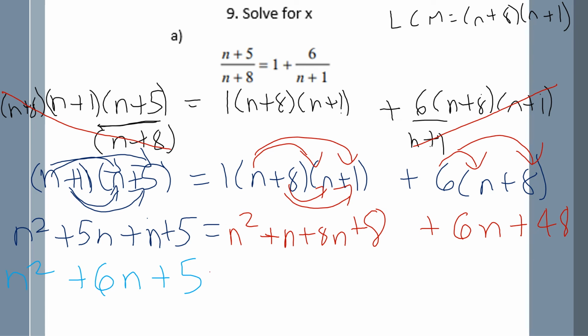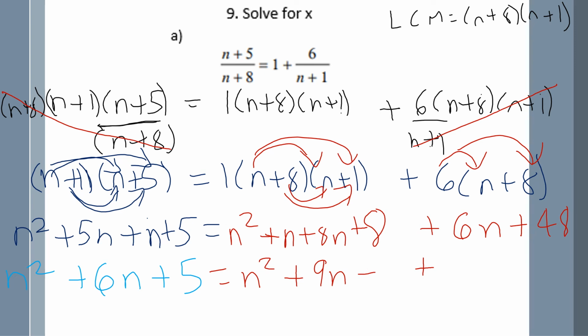Now let's see about the right hand side. Combine all your like terms. There's only one n squared on the right hand side, so you can't do anything else about it. So let's combine n plus 8n. Well, that's 9n right there. All right. And then we have something with a plus 8. And then we have 6n. Again, we're going to combine those terms.